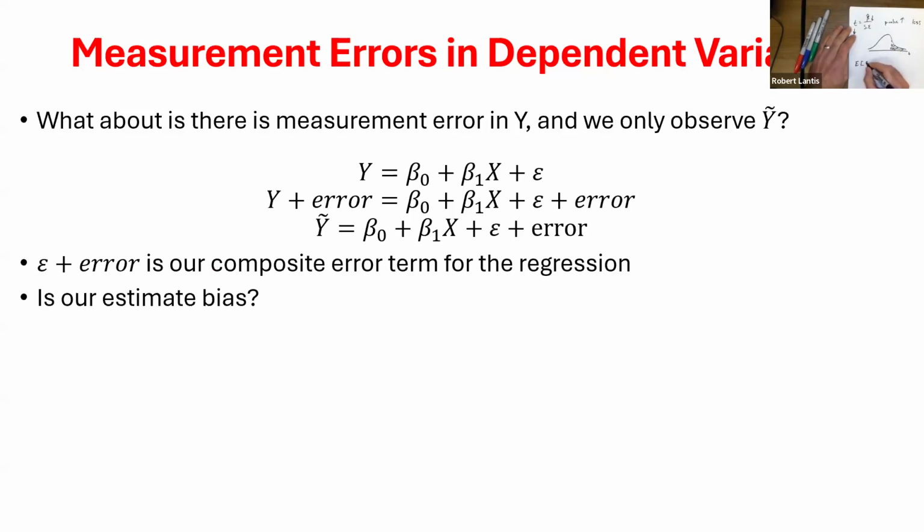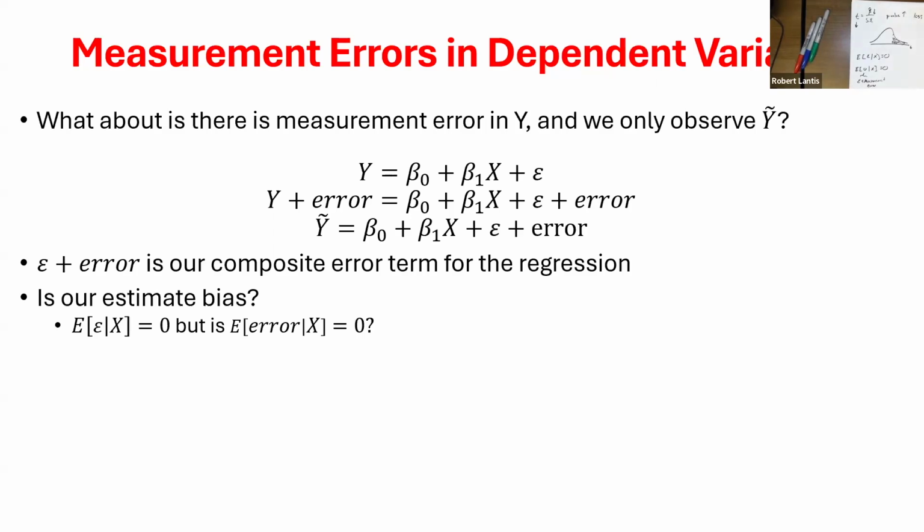The expected value of our error term, given these different values for X, needs to be equal to 0. Now, for that composite error U, the error plus our measurement error, we need that expected value to be equal to 0. So we'll start to think through two scenarios.